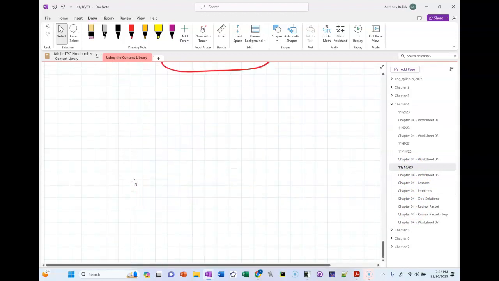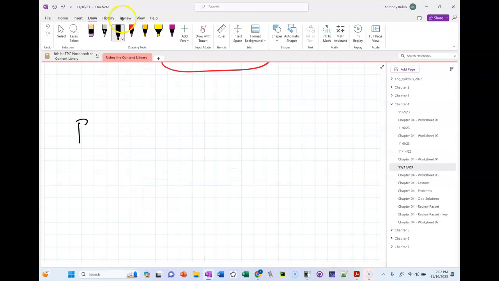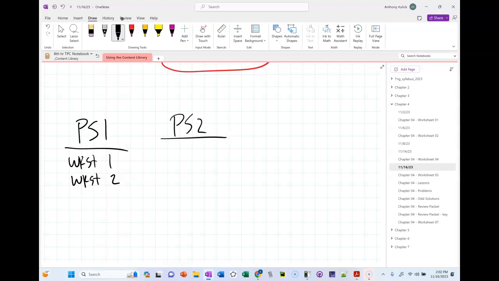So let's kind of summarize what we have so far. So problem set 1, which you've already turned in, hopefully, was worksheets 1 and 2. That was what was due on Sunday. And for problem set 2, what do we have? We had 1 through 16 from the asynchronous day.